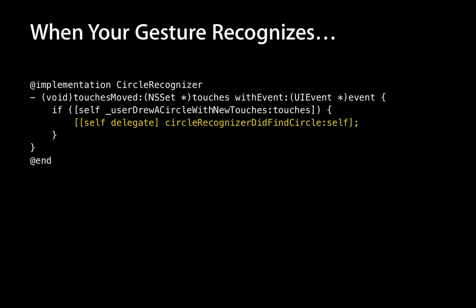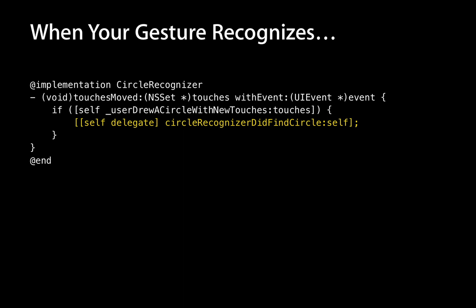The problem with this approach is that you don't get to take advantage of all of the fanciness that Josh just got finished telling you about. So the whole point of the gesture recognizer system is that you get to write these self-contained little components and then define how they interact with each other. In order for those interactions to work properly, like require gesture recognizer to fail and should recognize simultaneously, and just the standard exclusion behaviors, the system needs to understand what's going on with your gesture recognizer.